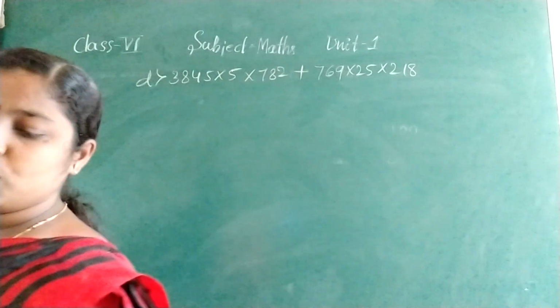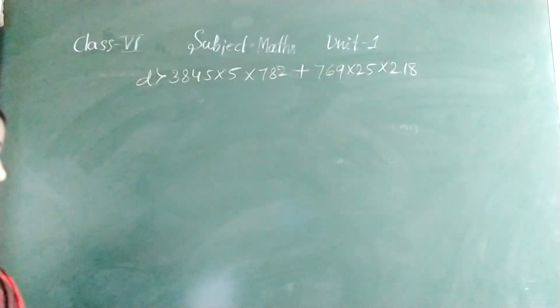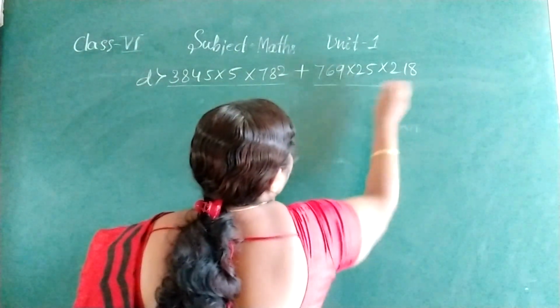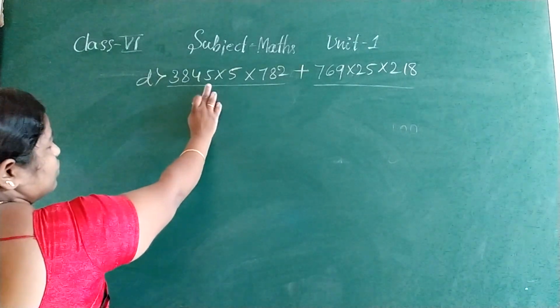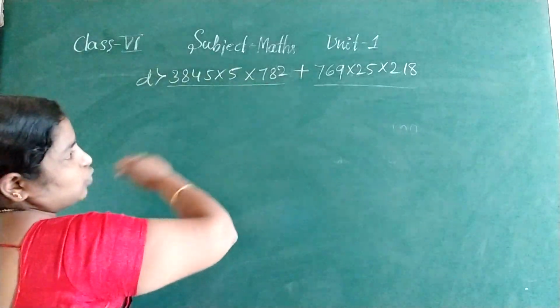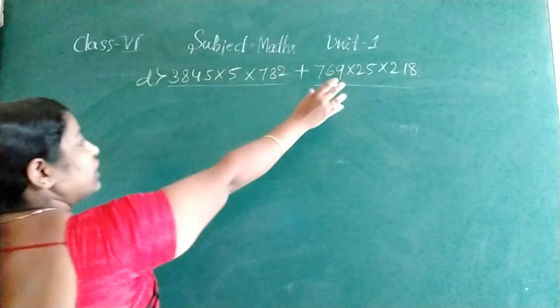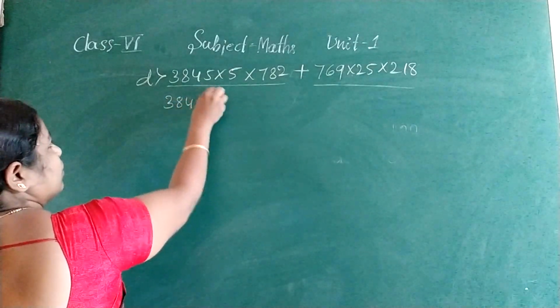Just see this question. There is a little bit of a twist in this. So let's see that. This is one part and this is the other side. So this is in terms of 5 and 782. Here there is no 5. So we have to make the grouping the same. How can we do that?